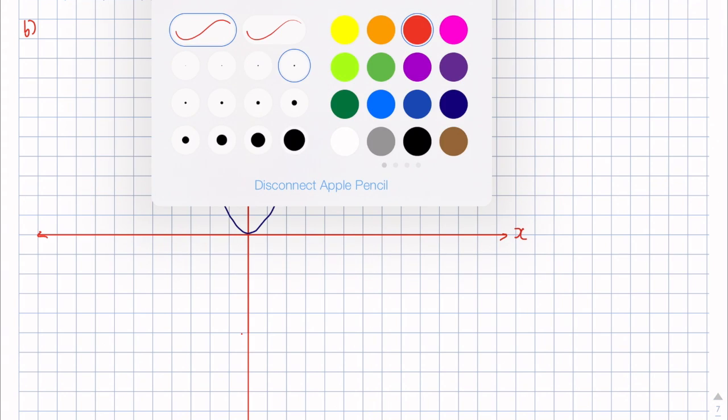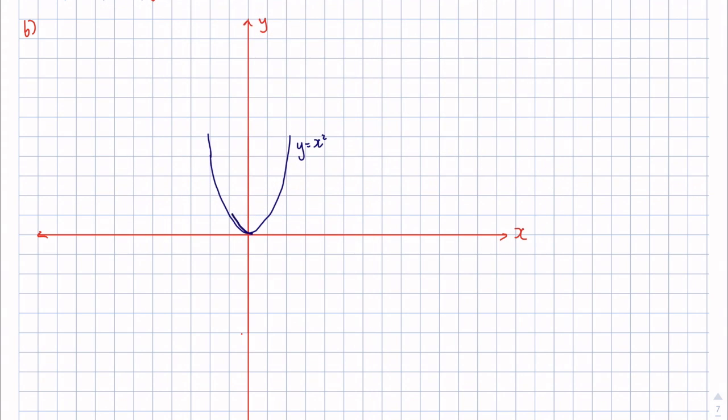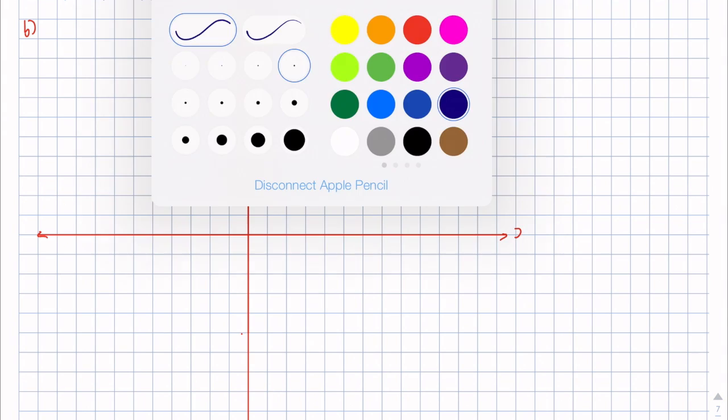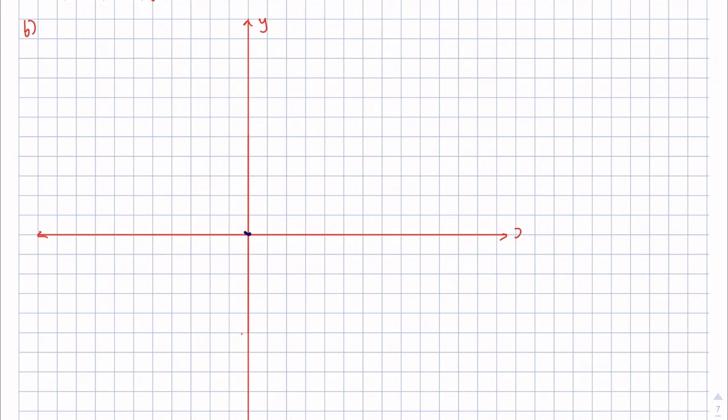So y equals x squared should go like that.